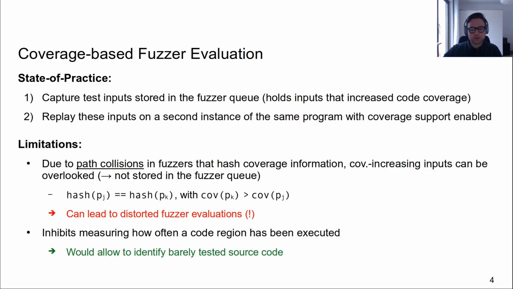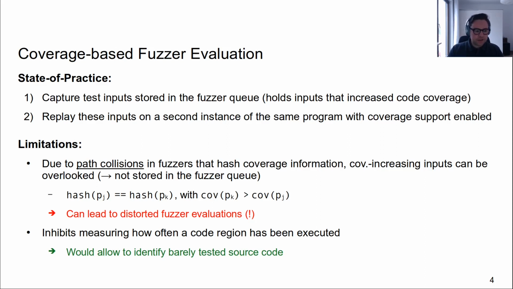So even though this path was actually executed, the fuzzer says, okay, it's not interesting. The fuzzer does not add the corresponding input to the queue, and therefore the evaluation also does not consider that input. And in the worst case, this can actually lead to distorted fuzzer evaluations, as we will see later in the case study performed in the paper.